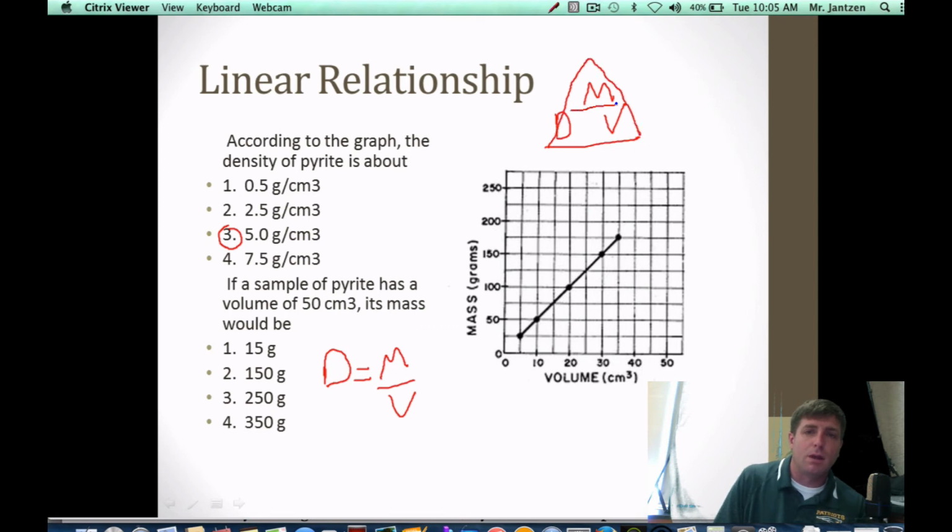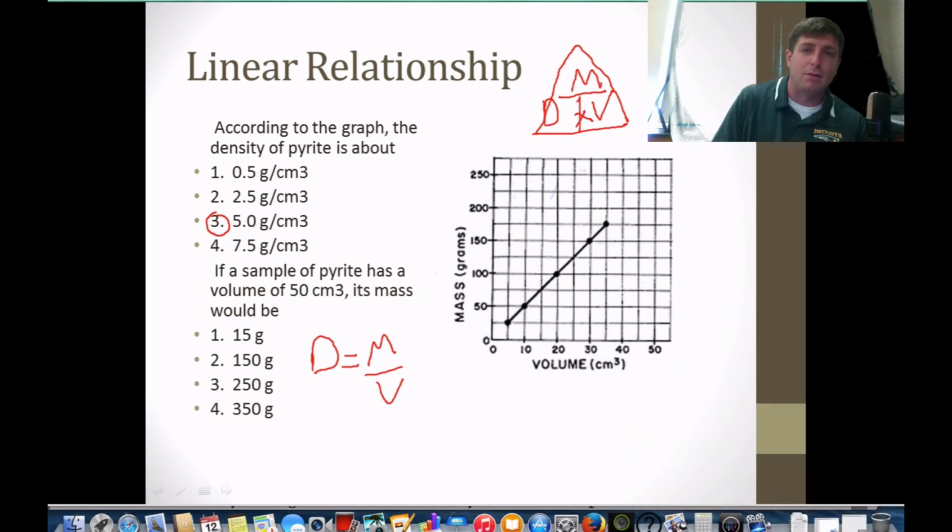So, if we want to know what the mass is, we're going to take the density and multiply it times the volume. So, mass equals, the density is 5 grams per centimeter cubed, and we're going to multiply that by the volume, which is 50 centimeter cubed.